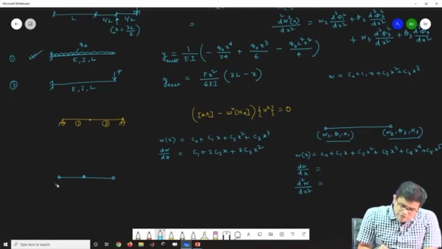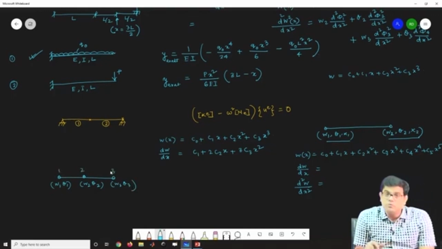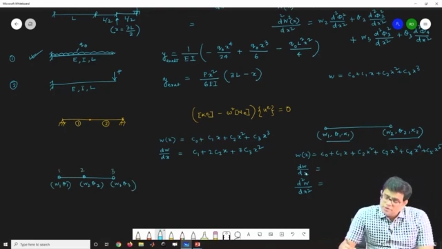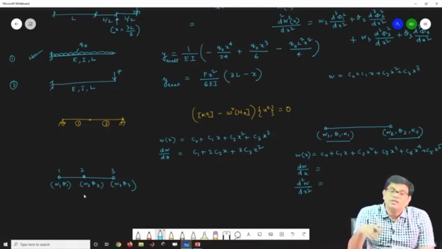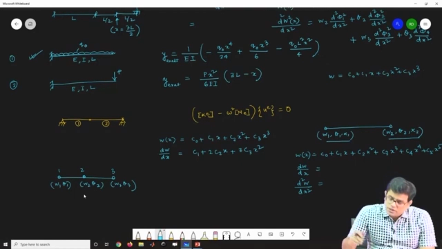That means I have w1 theta 1, w2 theta 2, w3 theta 3. So this is a 3-noded beam element, and I have 6 such conditions.